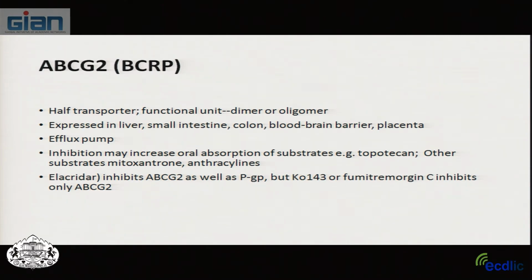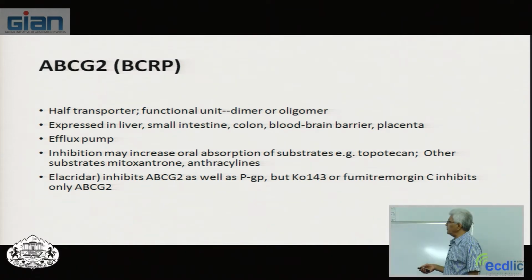So the next most studied example is ABCG2 or BCRP, which is a half transporter, and the functional unit is the dimer or oligomer. Similar to P-glycoprotein, it's also expressed in the canalicular membrane in liver, the apical membrane of epithelial cells, small intestine, colon, blood-brain barrier, and placenta.